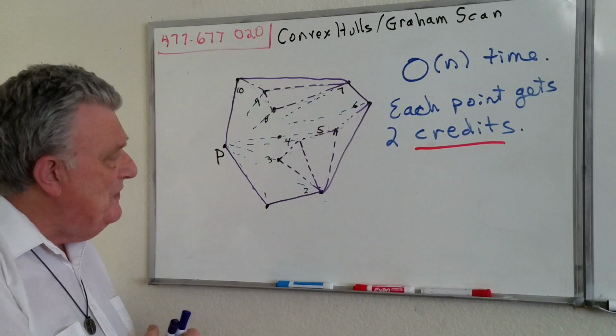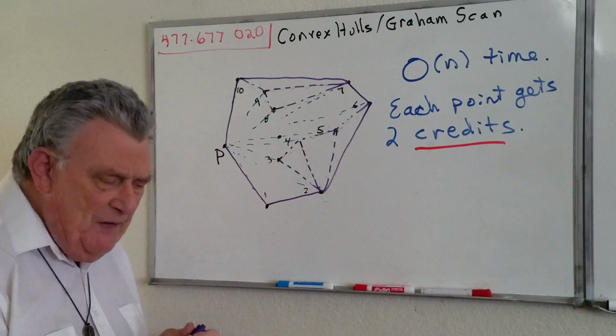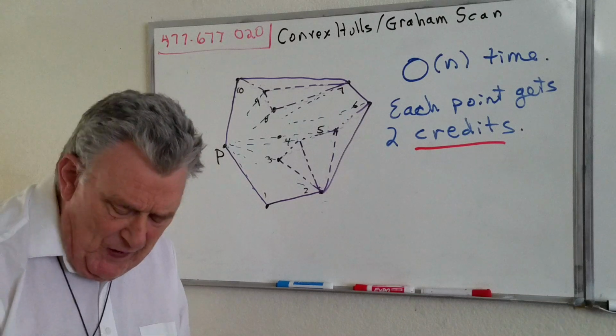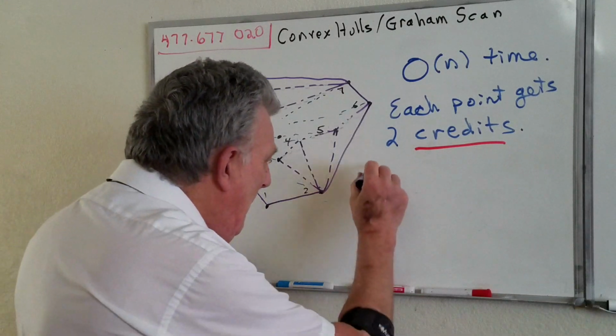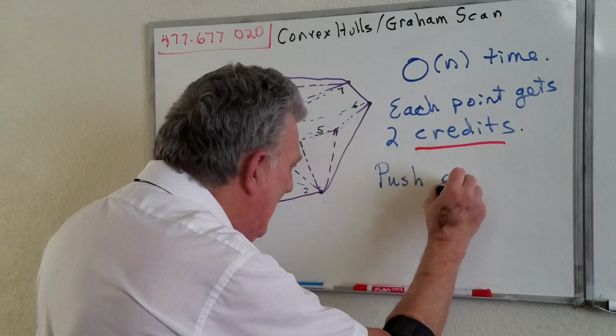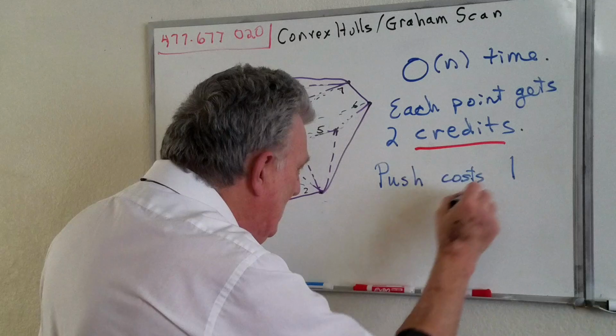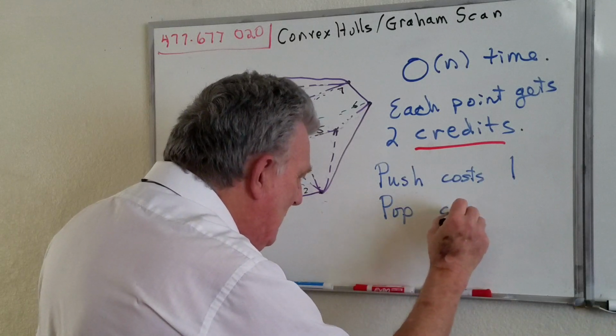But what happens is every point is given 2 credits initially, and they spend these credits to do things. So, when you push, it costs 1 credit. And when you pop, it costs 1 credit.